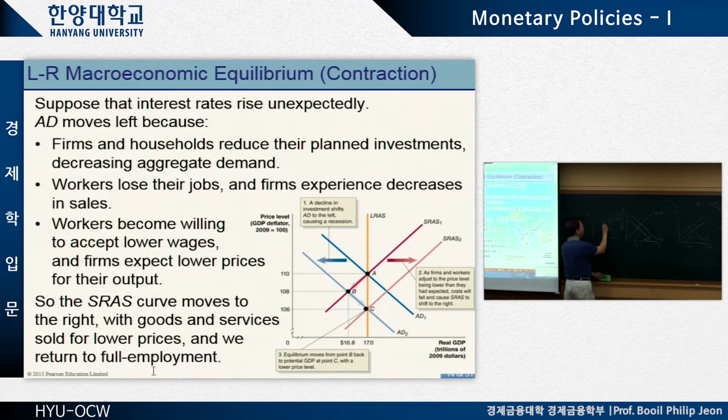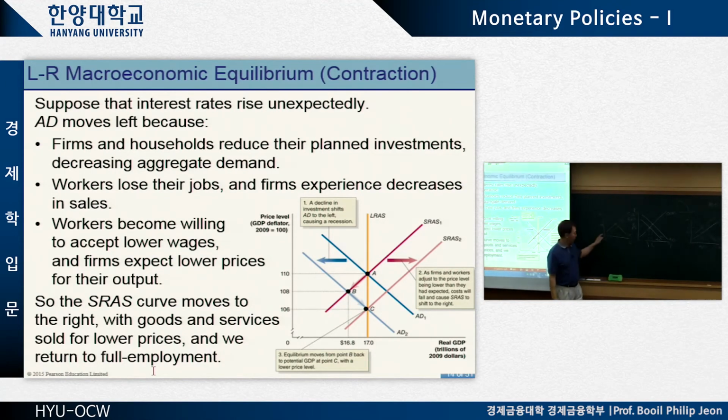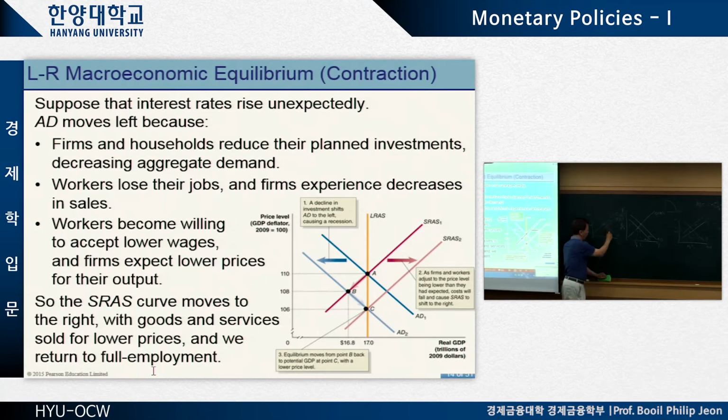Because at the same initial wage level, they realize that the actual purchasing power of this wage has gone up because everything is cheaper, right? So at the initial wage level, the amount of labor supply is a little bit higher.